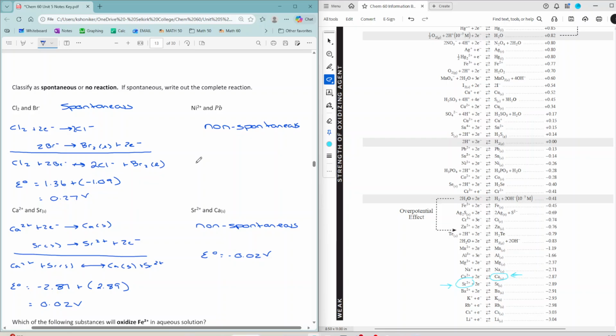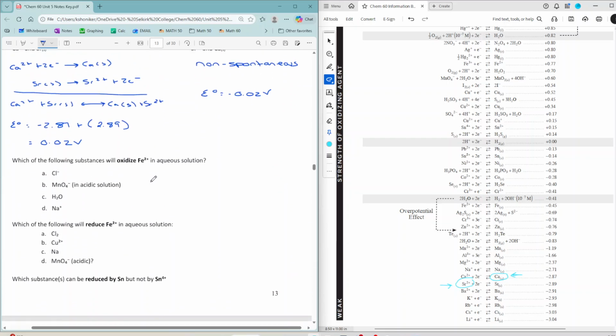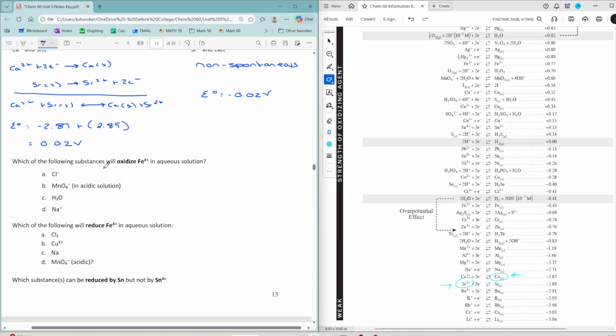Okay, last little question to ask you this in a different way. Which of the following substances will oxidize iron 2 plus? So if we find iron 2 plus on my table, there it is there. Never mind, because it says will oxidize, that is iron 2 plus being oxidized.